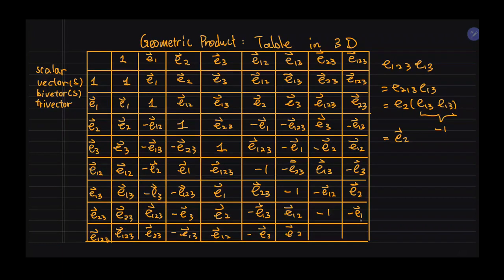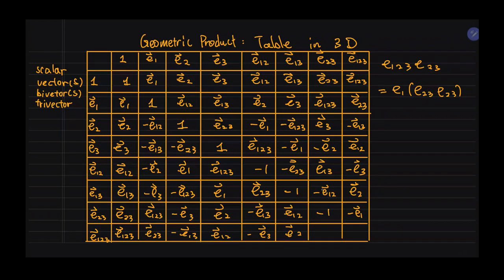E2, and basically the same thing. E12 E1 2 3. Now we have 2 3. So we have E1 E2 3 E2 3.